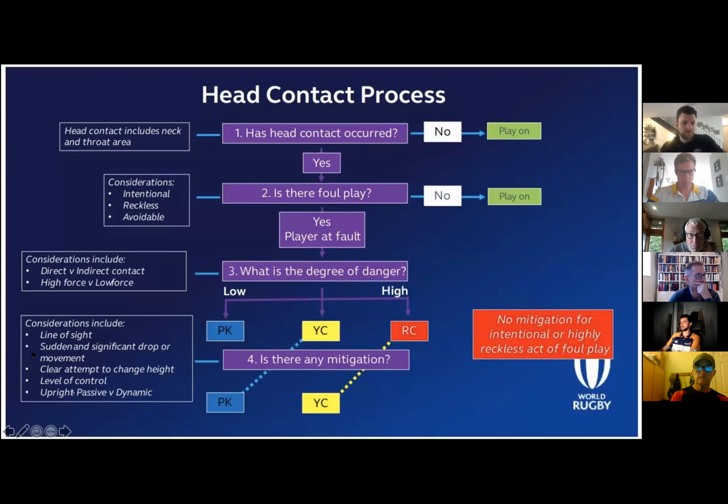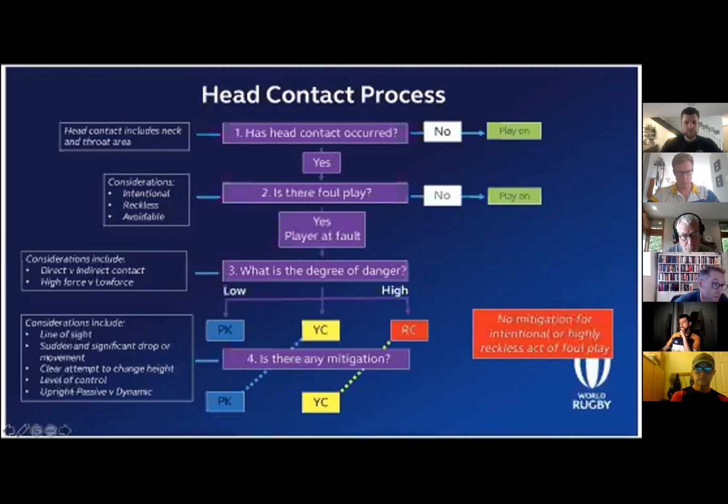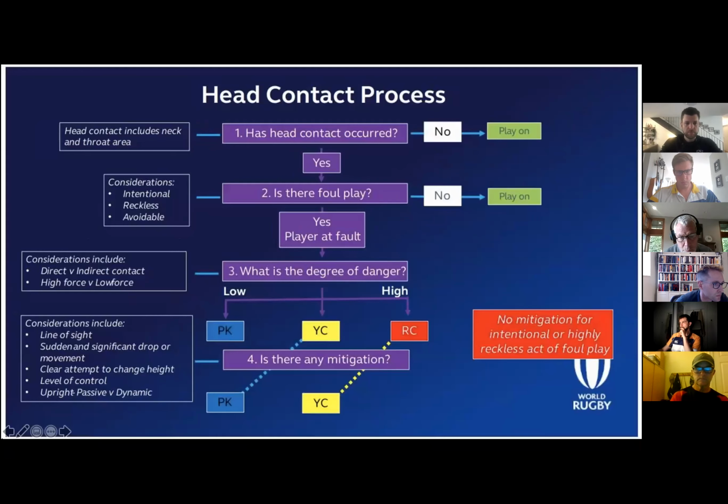This is an interesting one. So we've got a lot more variation in the decision making here.